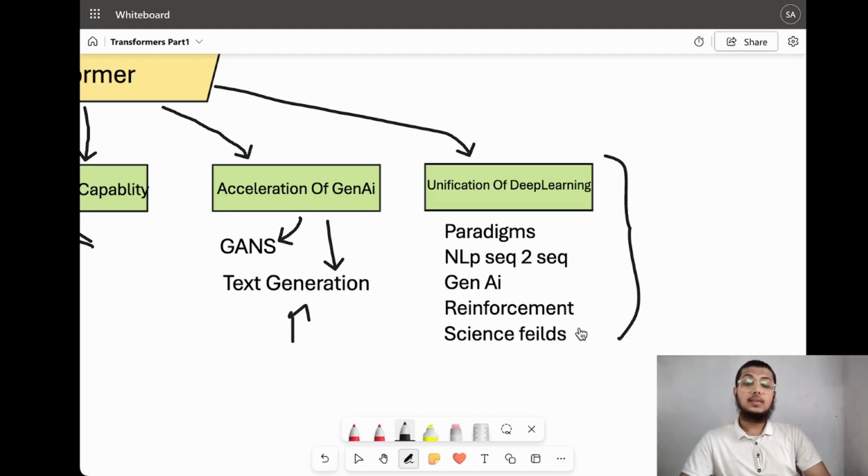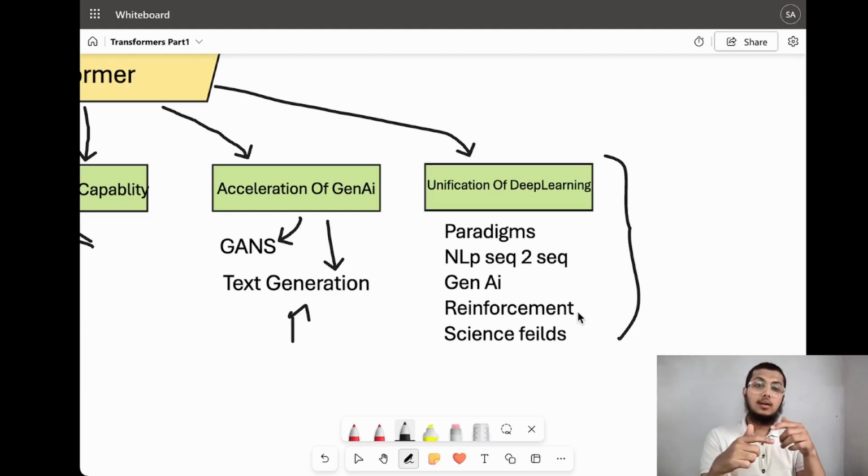So this is the point in history where the unification of deep learning is being seen. Rather than going for different architectures, now there will be a single architecture to solve different types of problems, and that will be transformers.